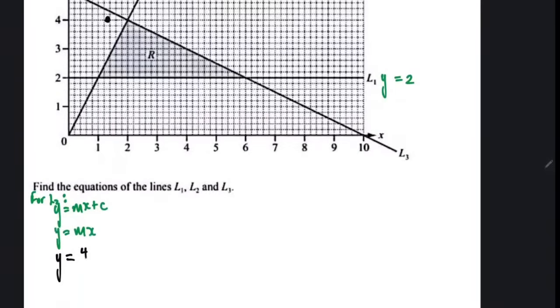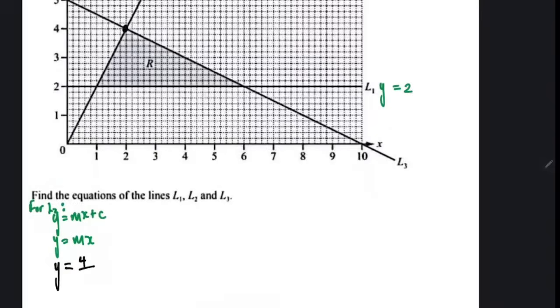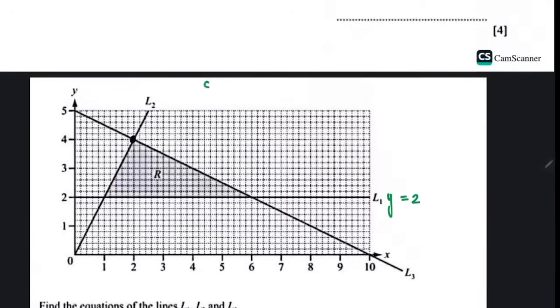So it's 4 steps over how many steps did we move in the x? Here, this point here, it is 4 steps in the y. How many steps in the x? 2. So it is 4 over 2x, which means y is equal to 2x. So line 2, this is y equal to 2x.